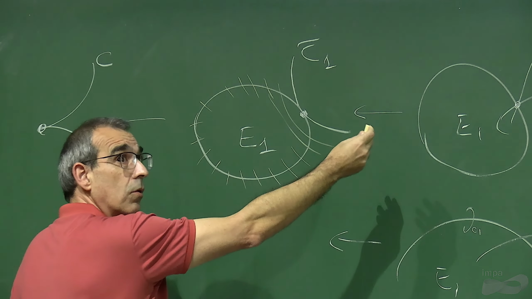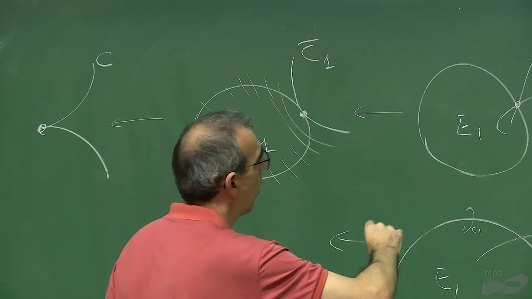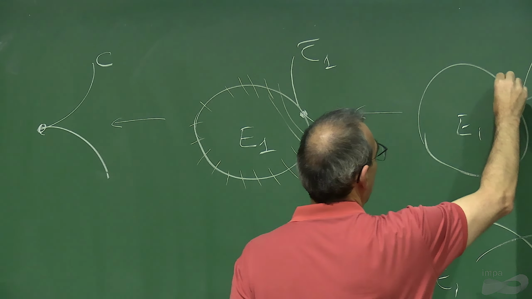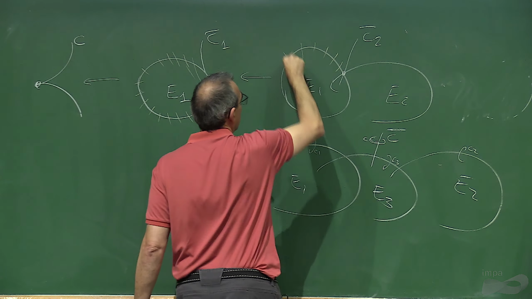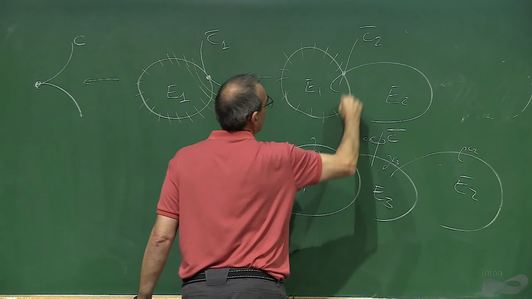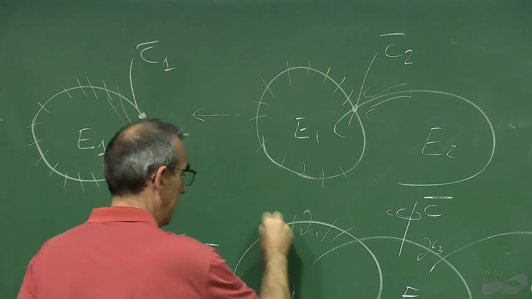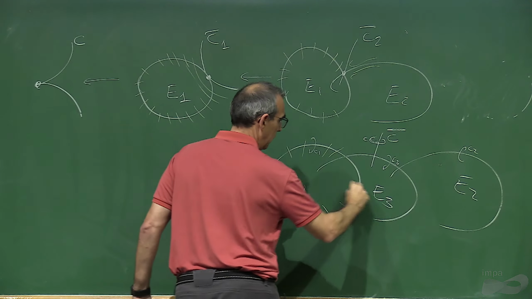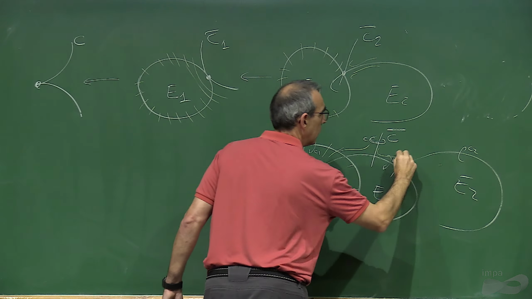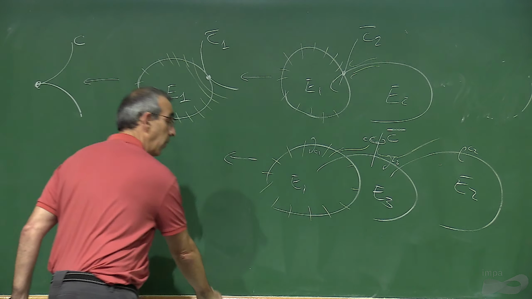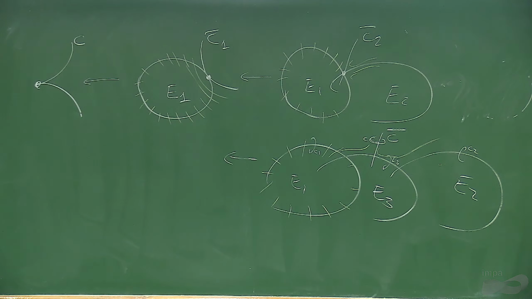So we continue the process of blow-ups to obtain a normal crossing divisor, like that. This will be the desingularization, or the reduction of singularities, in the case of a dicritical foliation that we consider.